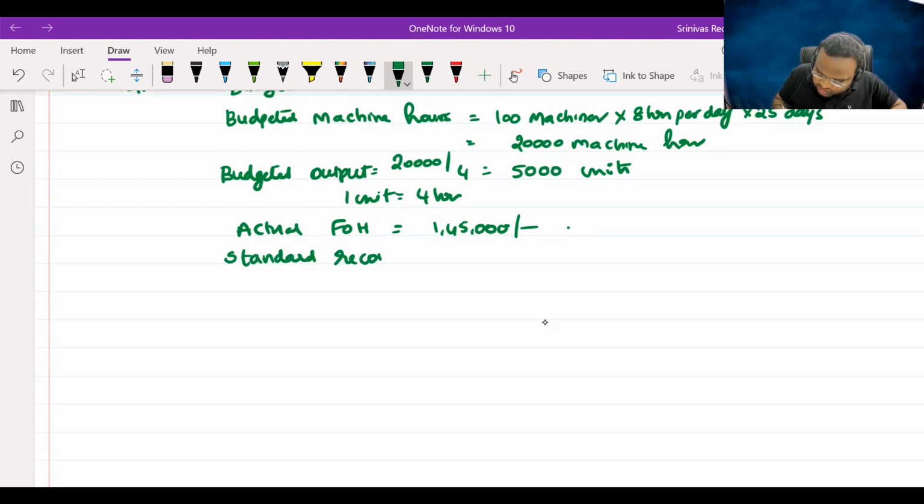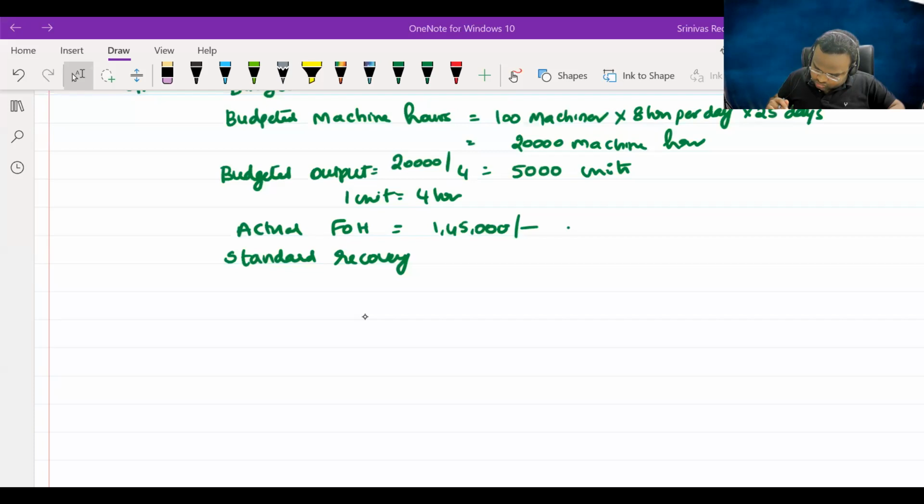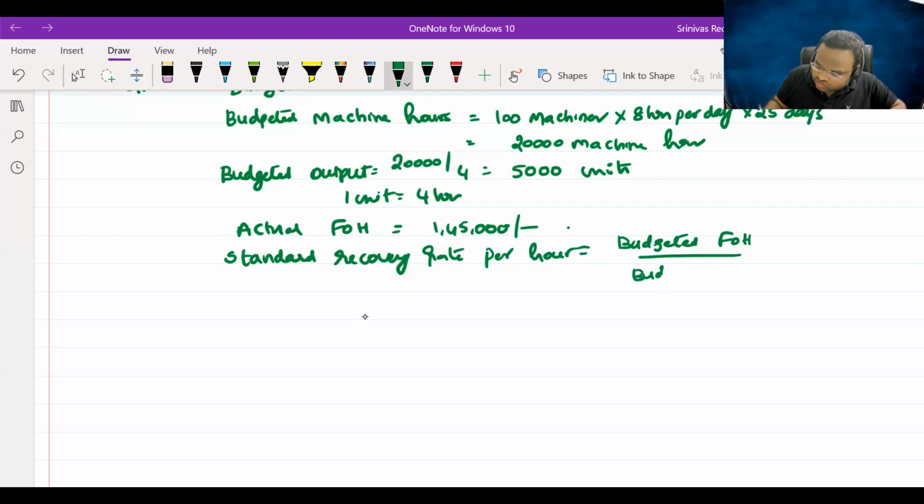If you are recovering based on hours, you should calculate based on hours only. If you are calculating based on numbers, you need to calculate based on numbers. Per hour: budget fixed overhead divided by budget hours.